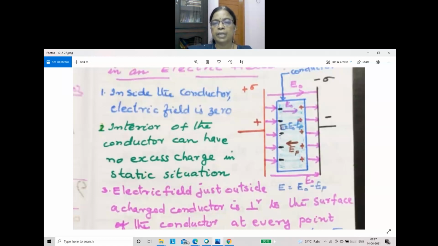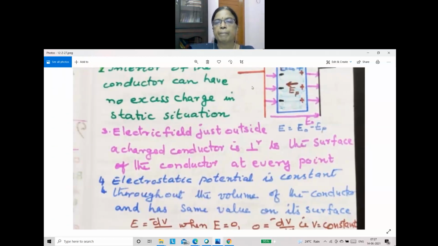Due to that, an electric field is set up inside the conductor and the charge flow takes place until both the fields become equal and opposite. When Ep becomes equal to E0, only then the flow of charge carriers stops. That is the static situation. In static situation, the conductor can have no excess charge.